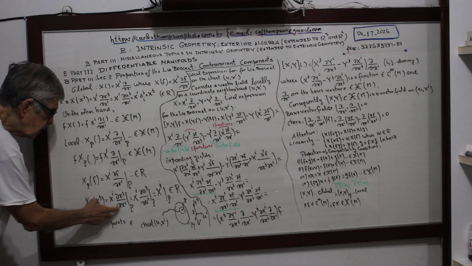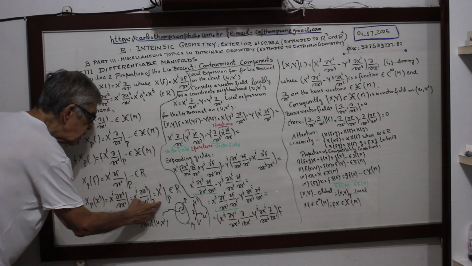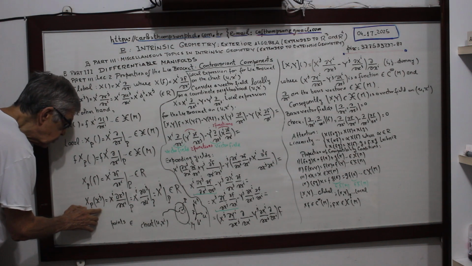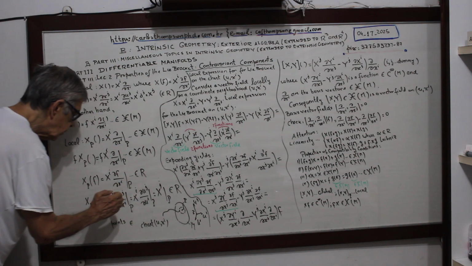You see, this is just x^j belongs to R. So, x_p applied to f belongs to R.